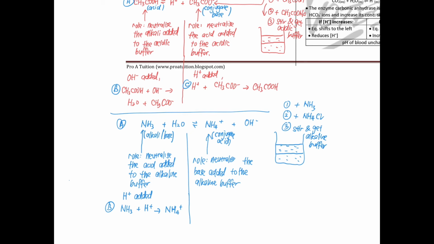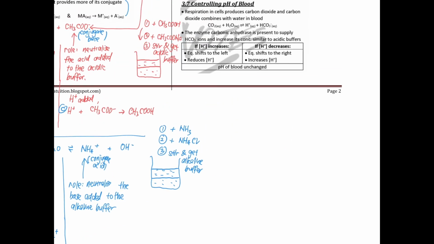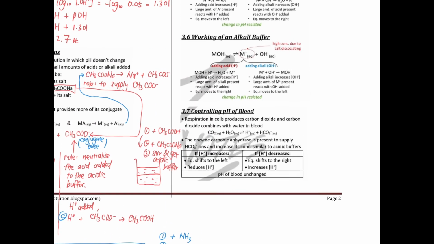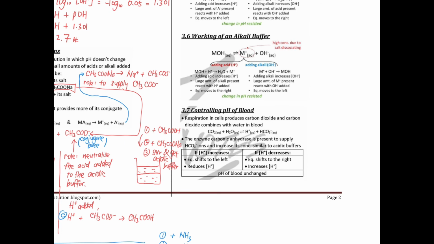So this is the equation that you have to remember when acid is added. Who is going to neutralize it? The alkali is neutralizing it, and the equation is like this. Let's see the notes again. On the other side, if alkaline is added, the conjugate acid is going to neutralize it.